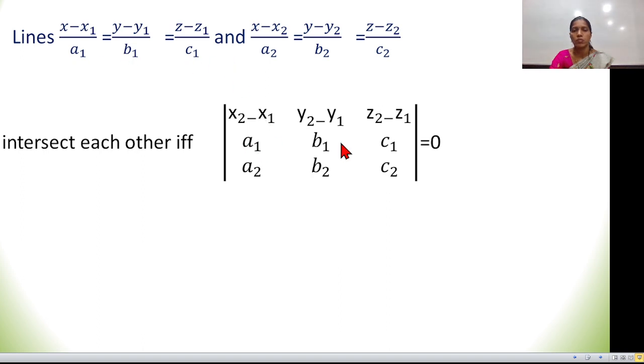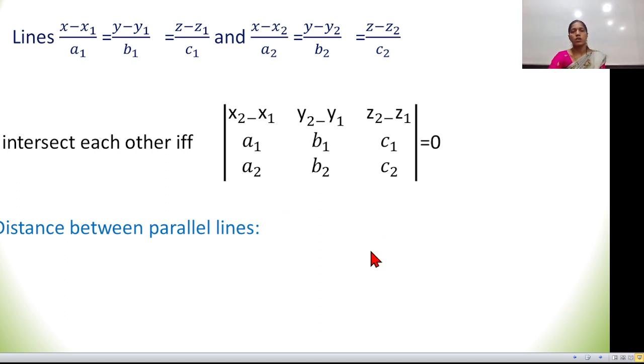In our third row, we write the DRs of the second line, a2, b2, c2. If the value of this determinant is 0, the lines intersect each other.